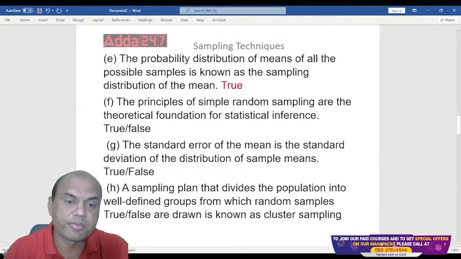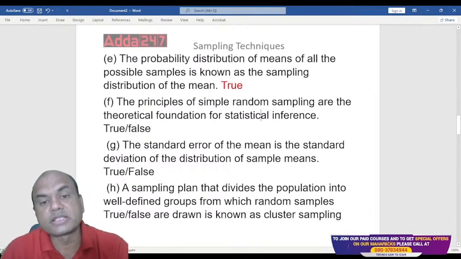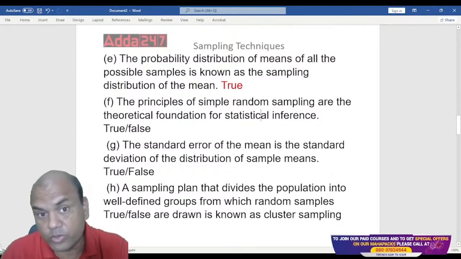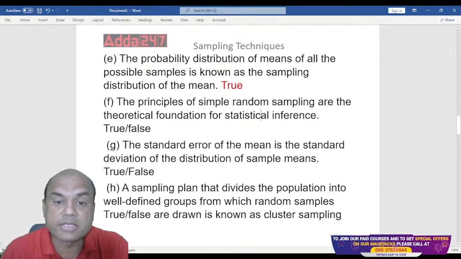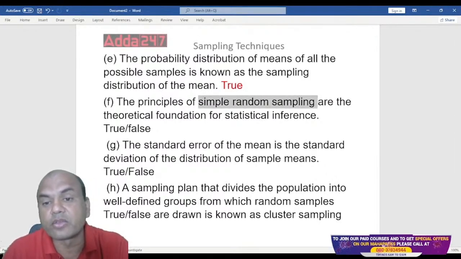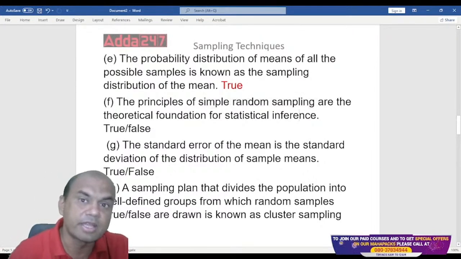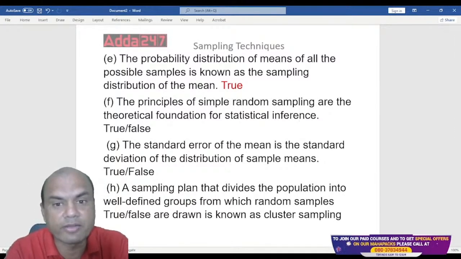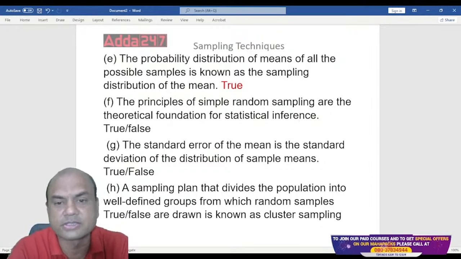Got it? Next one. The principles of simple random sampling are the theoretical foundation of statistical inference. Just now what did I tell you? What are the four types of sampling? One is simple random, second is systematic, third is stratified, and last one is cluster.